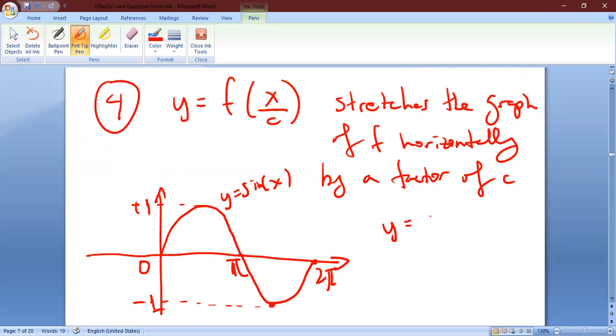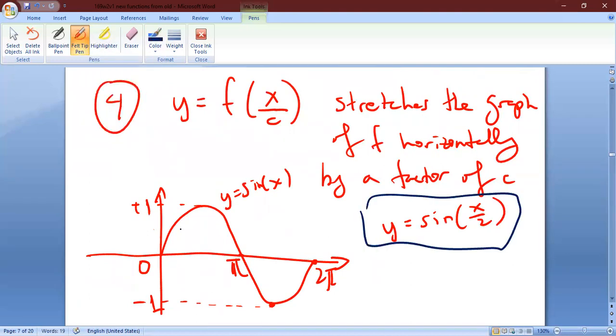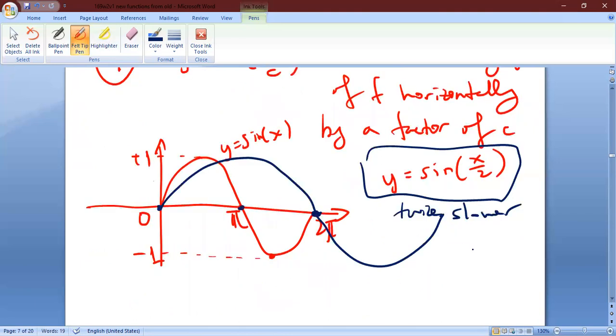If we have y equals sine of x over 2, then this is going to look like this. It's going to be twice as slow. So it's going to come to 2 pi the second time, and then it will go to 4 pi when it hits the x-axis the third time after 0. Dividing x by 2 will make that.